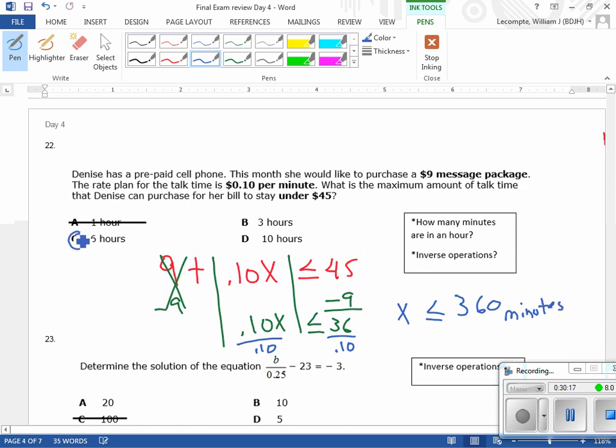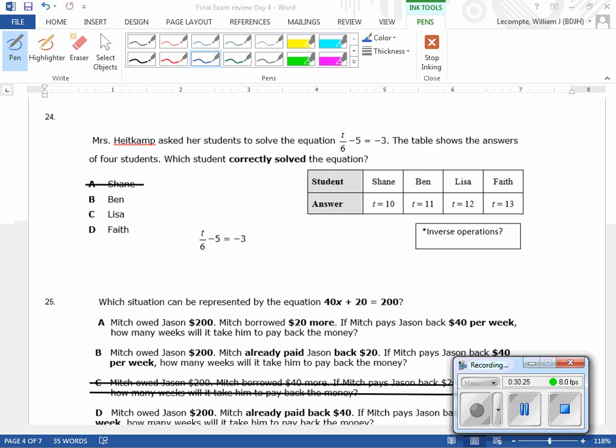All right, 24. We got a situation where we're just putting these values back in and seeing what they do. So the 10 would go up here, and 10 over 6 is some crazy number, minus 5. But what minus 5 is equal to a negative 3?